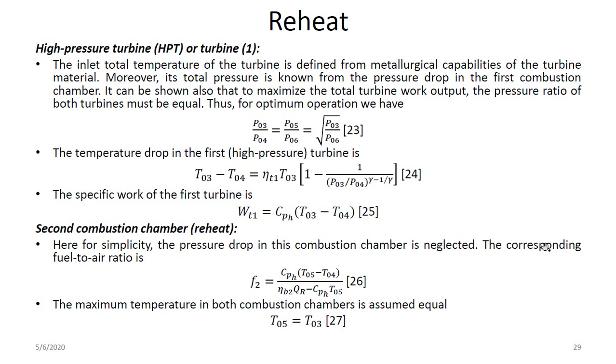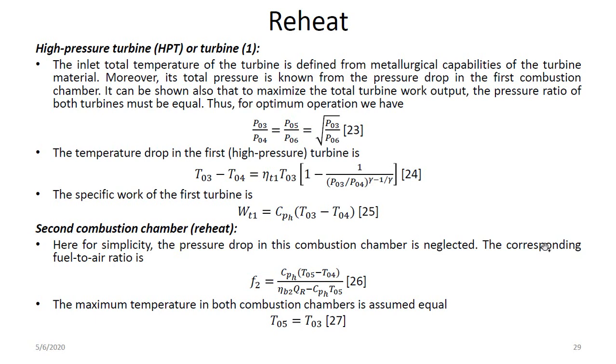And for the reheat part, or the secondary combustion chamber, you can also calculate the amount of fuel that will be burnt using this formula, which I'll not spend time explaining because this is obviously known to you. And as I've said, T5 will be equal to T3. These are the inlet temperatures.